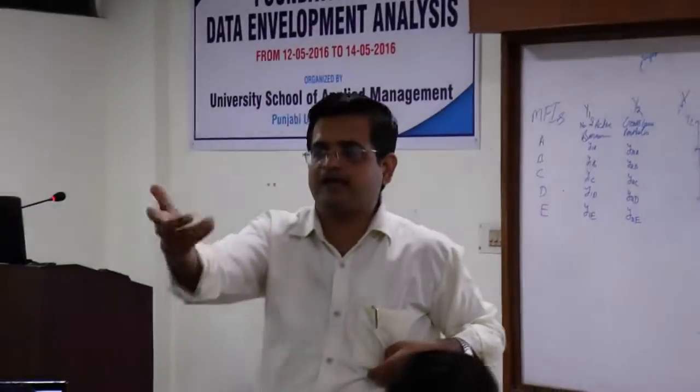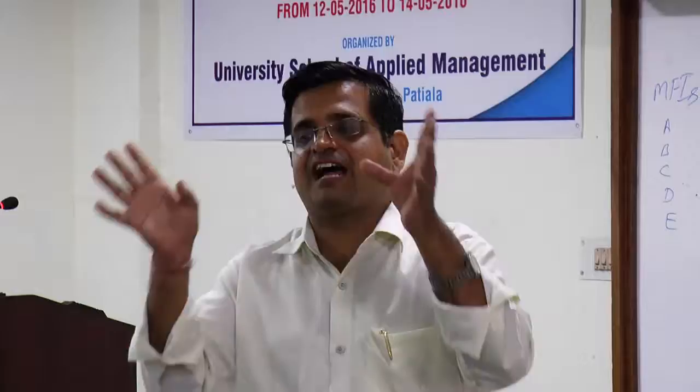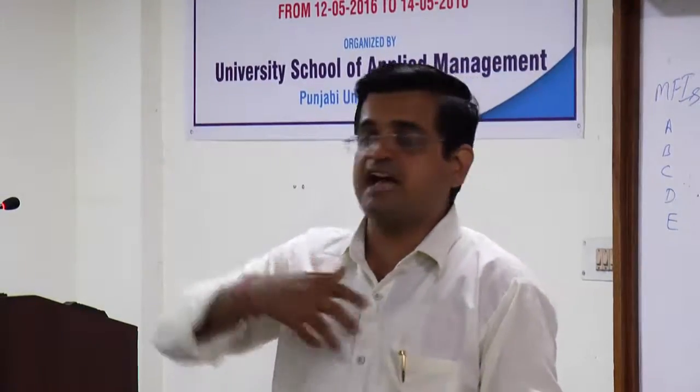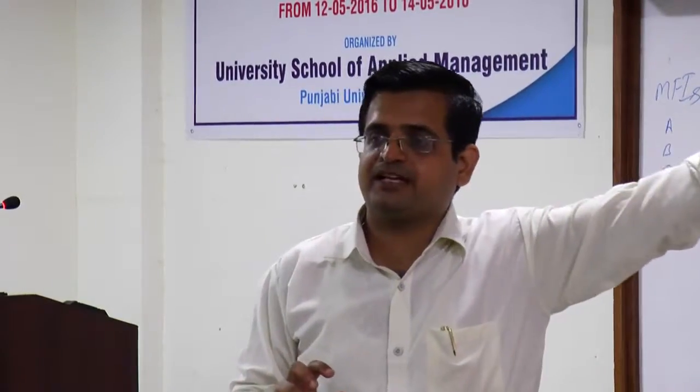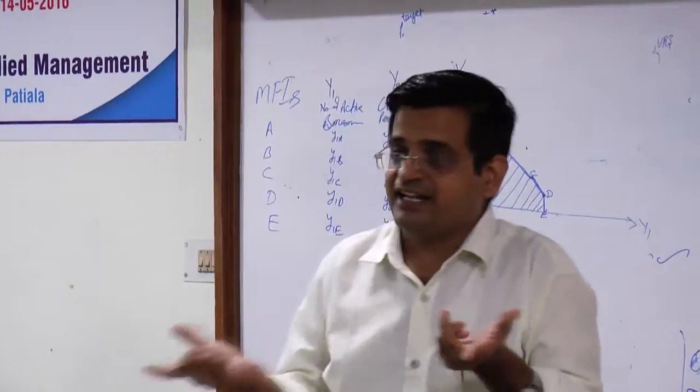Suppose you are doing a banking analysis and one bank is appearing to be an outlier. You have to delete that bank from the analysis. Otherwise, it won't reflect the entire banking industry. Suppose a foreign bank is there which is highly efficient, because of which other decision making units, other banks, are appearing to be highly inefficient. Will it reflect the Indian banking industry? Not at all. It does not represent the Indian banking industry.